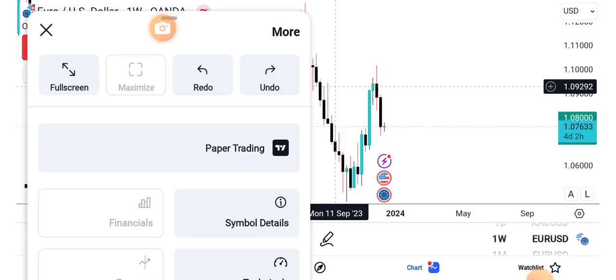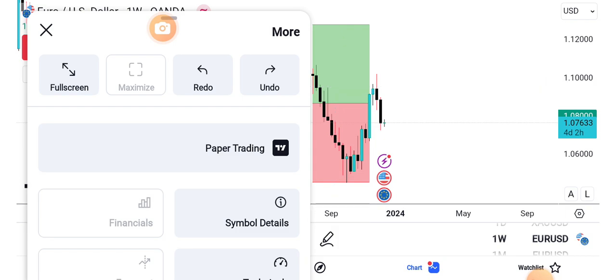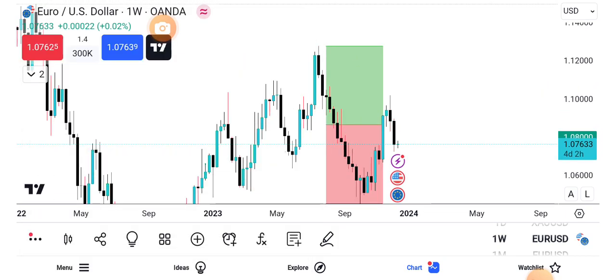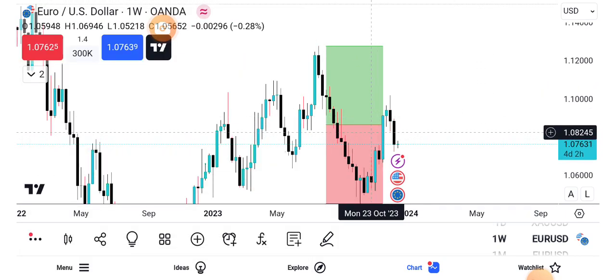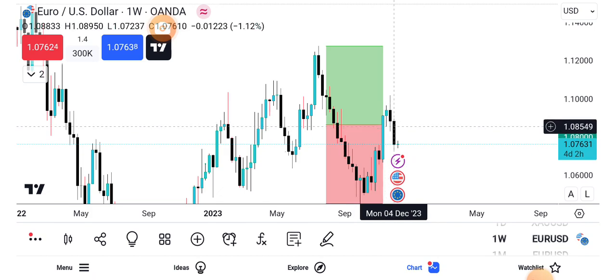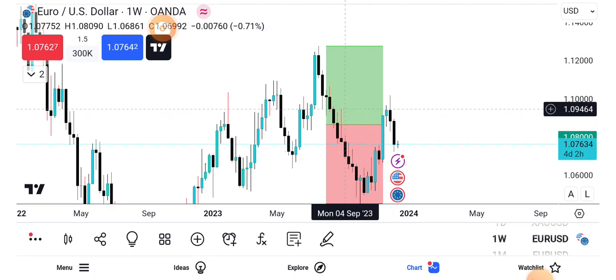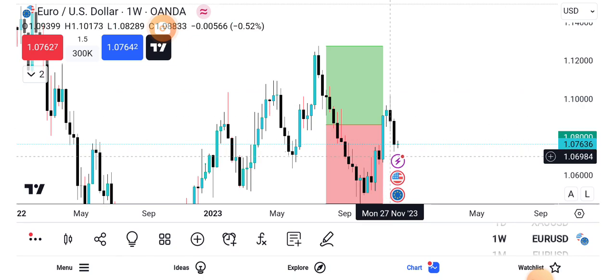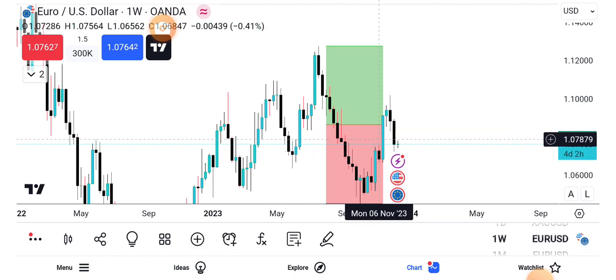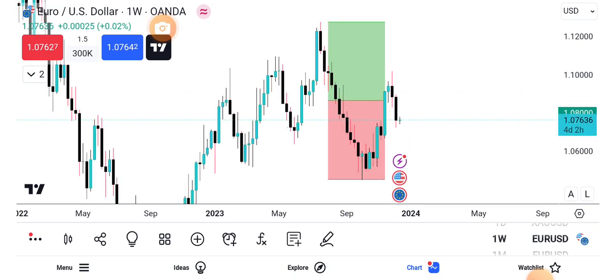Remember, let's take back the Fib box. So we must wait until price has retraced to the 50 level, but to which driver of the market is it heading? We have these liquidities above here, so we can see how the liquidities were grabbed, and then we can see this reaction off.